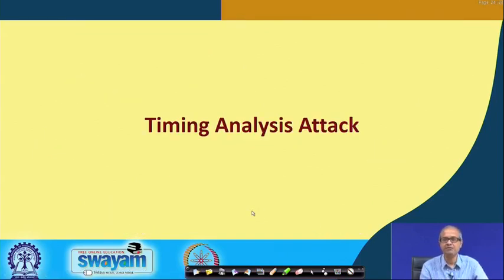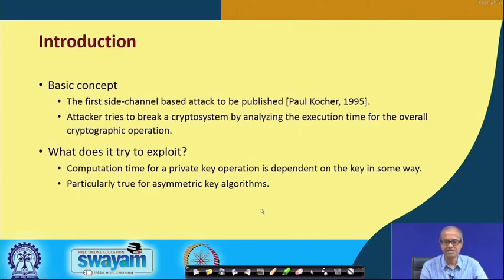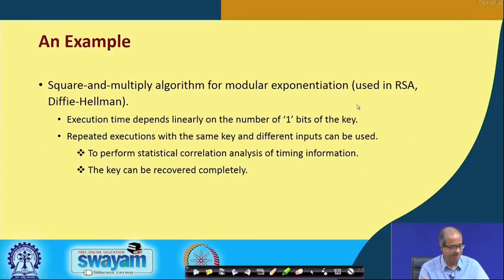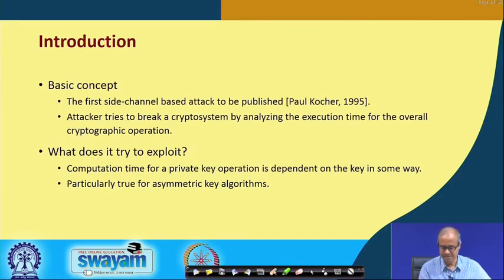So, specifically we talk about timing analysis attack because it is easier to understand and appreciate. Now, this kind of an attack was first proposed by Paul Kocher in the year 1995, in the mid 90s. So, the idea is very simple, you are trying to measure the time that is taken for some particular operation to complete.